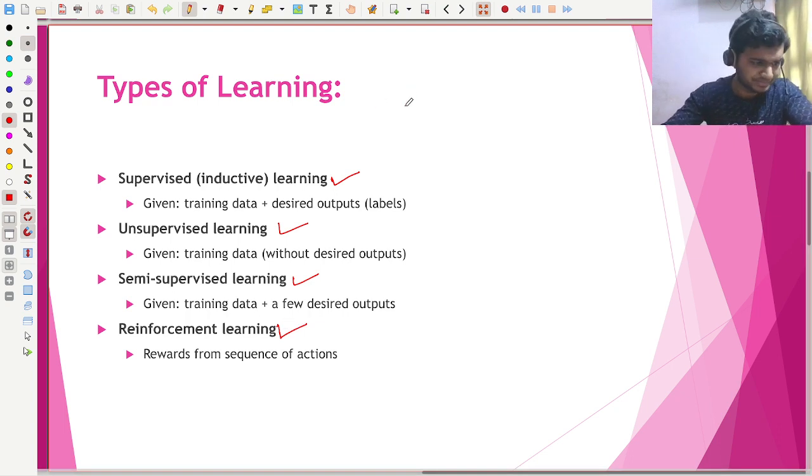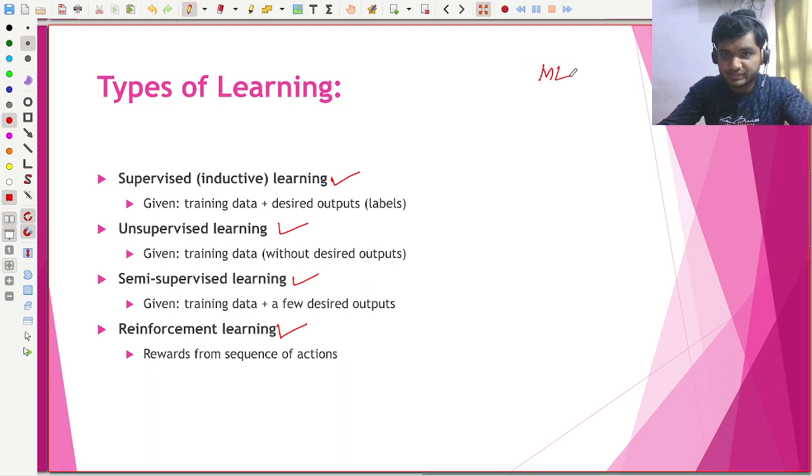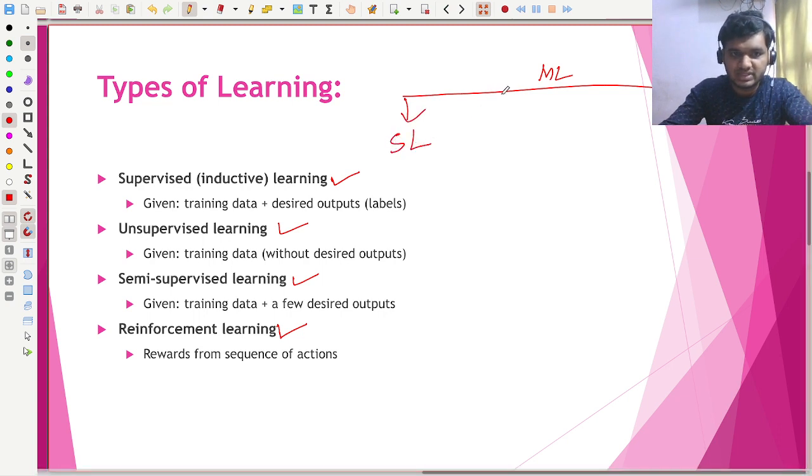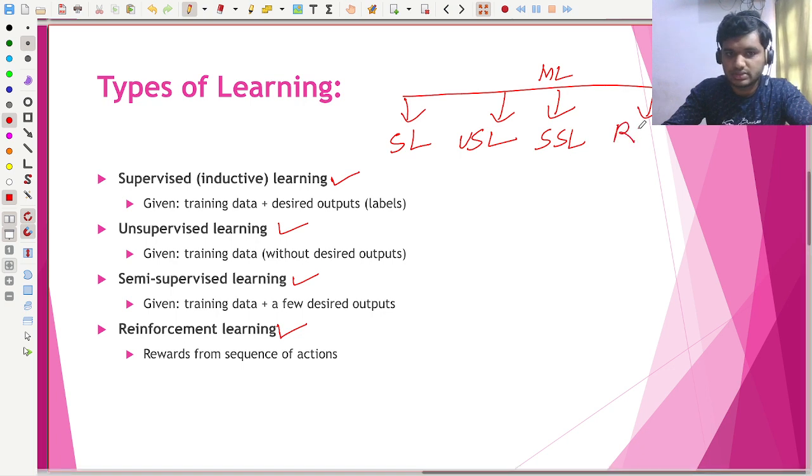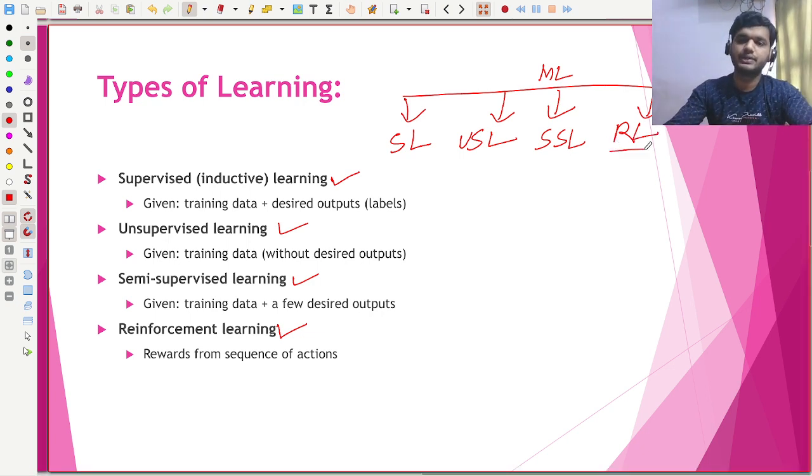First is supervised learning, second is unsupervised learning, third is semi-supervised learning, and last is reinforcement learning. So, four parts.